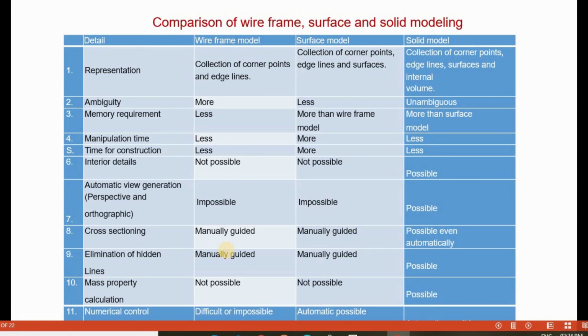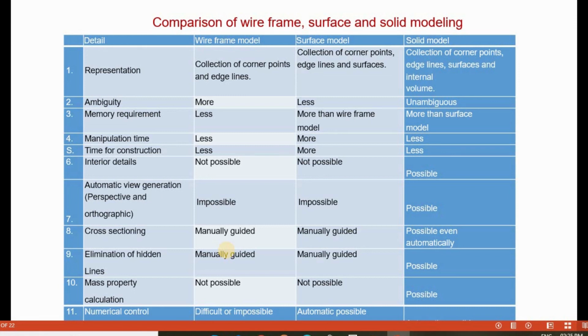The cross sectioning facility is manually guided in the wireframe model, also manually guided in the surface model, but in the solid model it is possible automatically. Elimination of hidden lines needs to be manually guided in the wireframe model and also in the surface model, but automation is possible in the solid model. Mass property calculation is not possible in the wireframe model, also not possible in the surface model, but possible in the solid model.